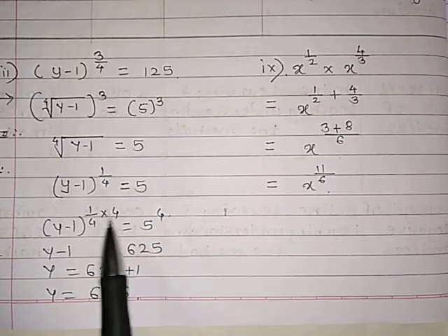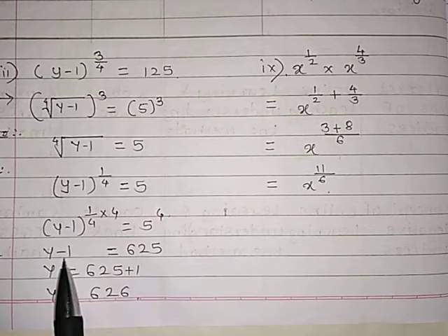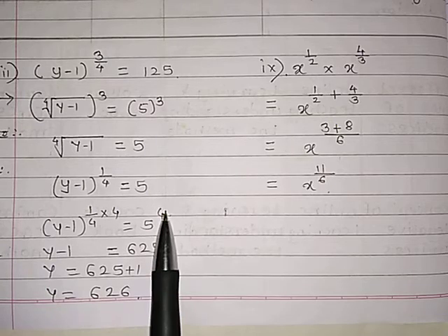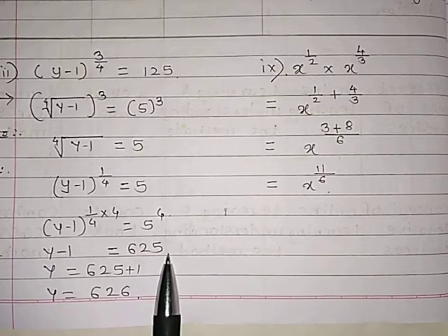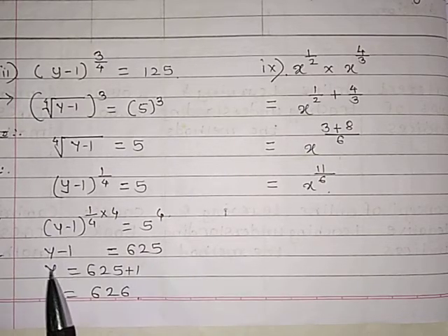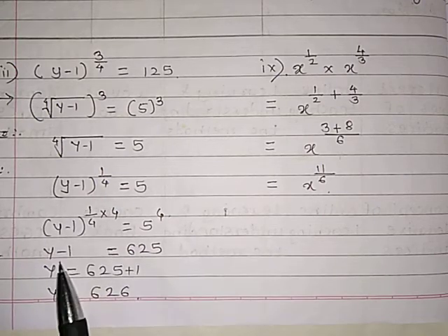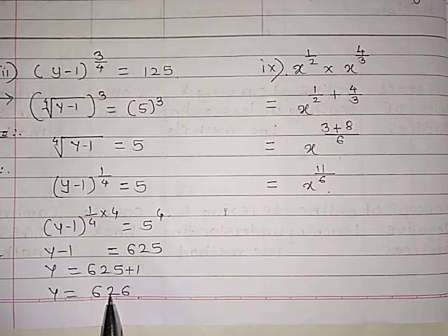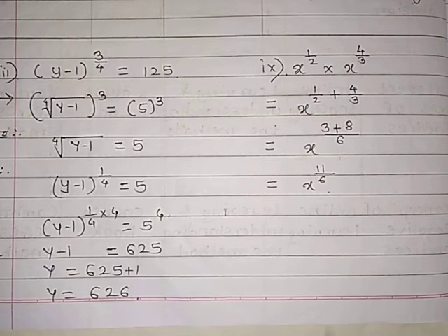Now this 4 and 4 will be cancelled and we get y minus 1 equals 5 raised to 4, which will be 625. Shift that minus 1 to the right hand side, we get plus 1. So y equals 626.